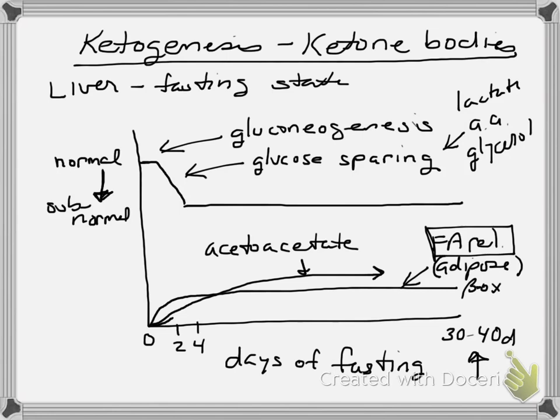Acetoacetate is a ketone body, and it's one of the two ketone bodies we're going to be looking at. Another ketone body, we can take a look at it as this line. Obviously, this is a much more substantial ketone body that's being synthesized, and this one is called beta-hydroxybutyrate.